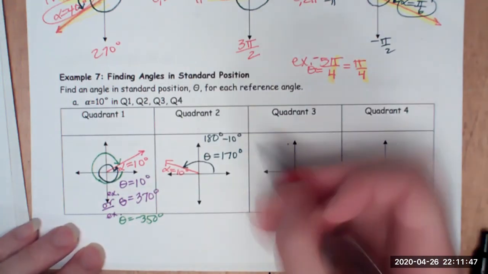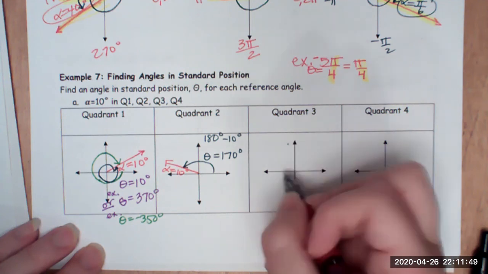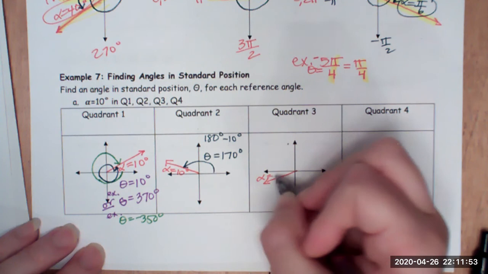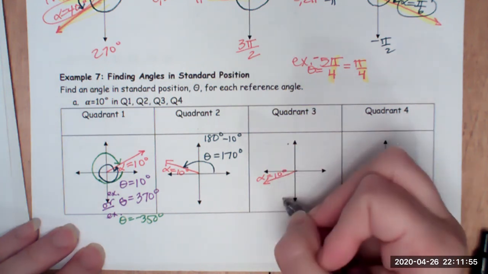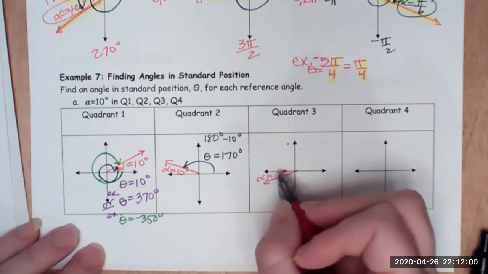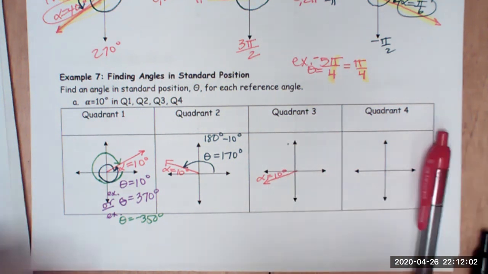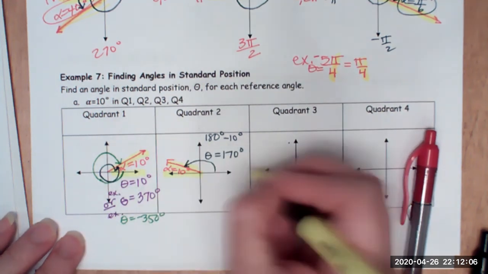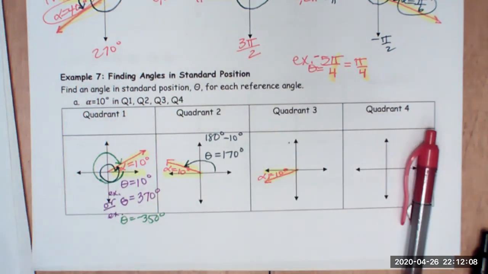Over here, in quadrant 3, reference angle of 10 degrees. It has to be, again, that reference angle we know is here and not here, because it's always formed by the terminal side of the angle and the x-axis, right? So all of these, here's the reference angle right here, okay?